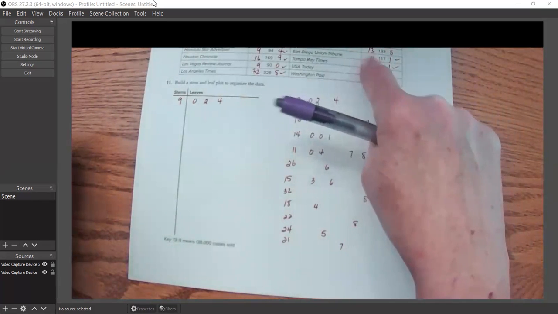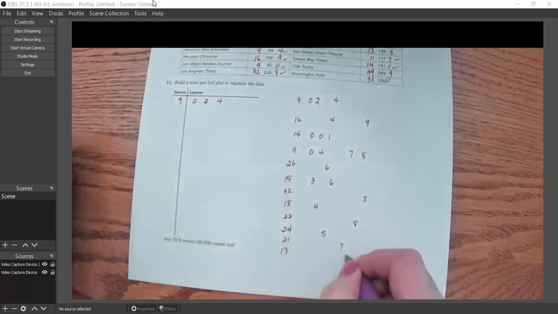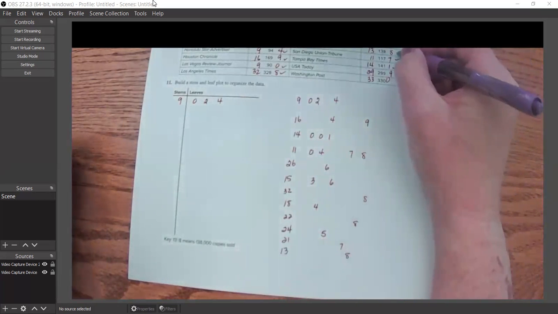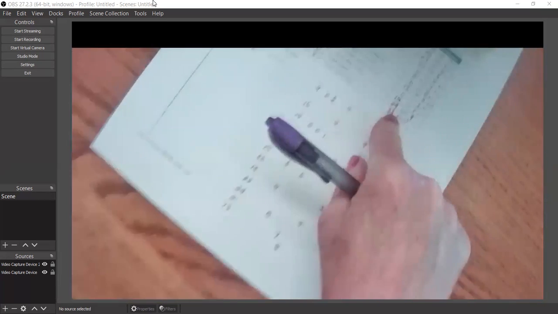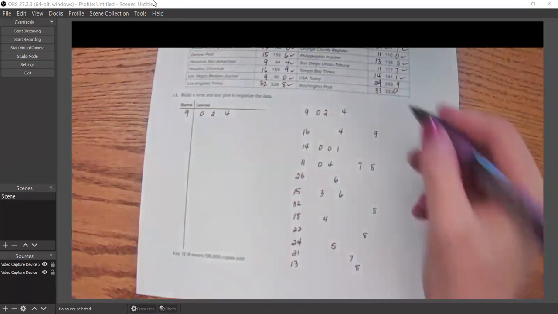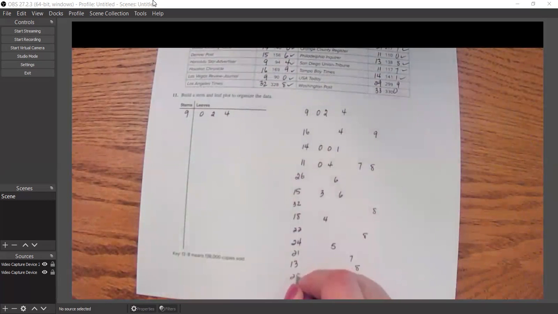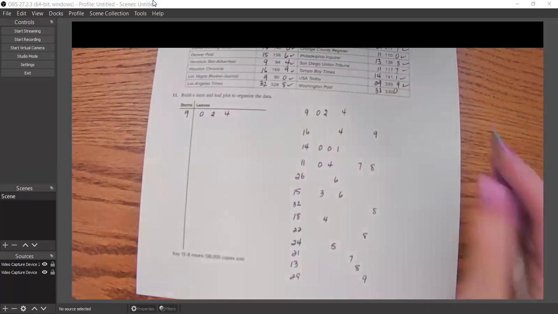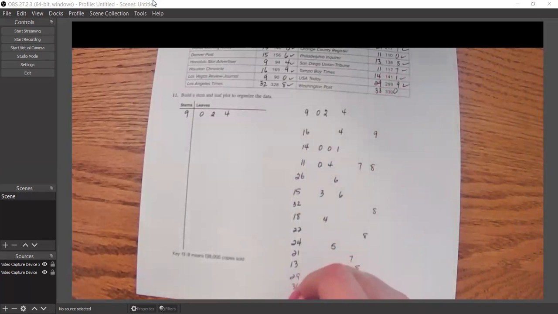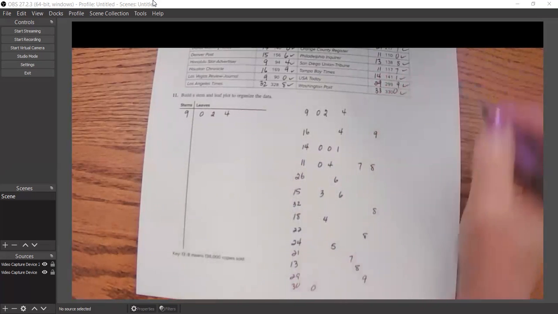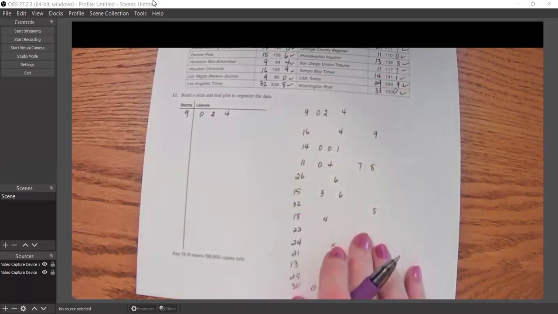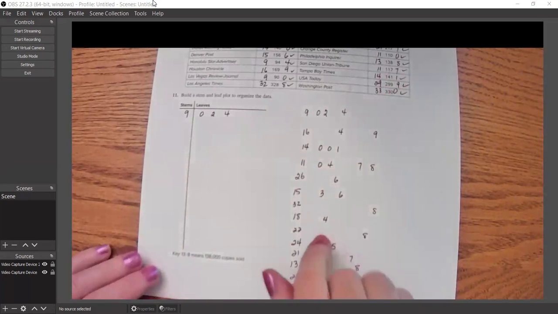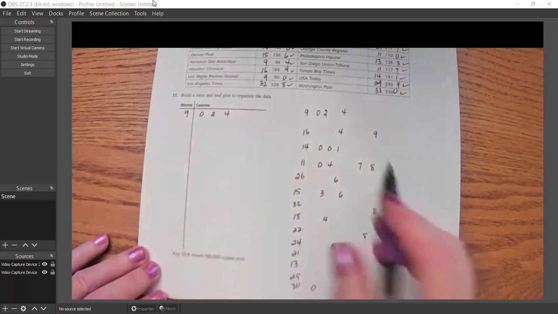Here I have a 13, 8, and no other 13s. Here I have a 29, 9, and no other 29s. And here I have a 30, 0. So these are going to be all of the rows in my stem and leaf chart. It's just I want them to be in increasing order.